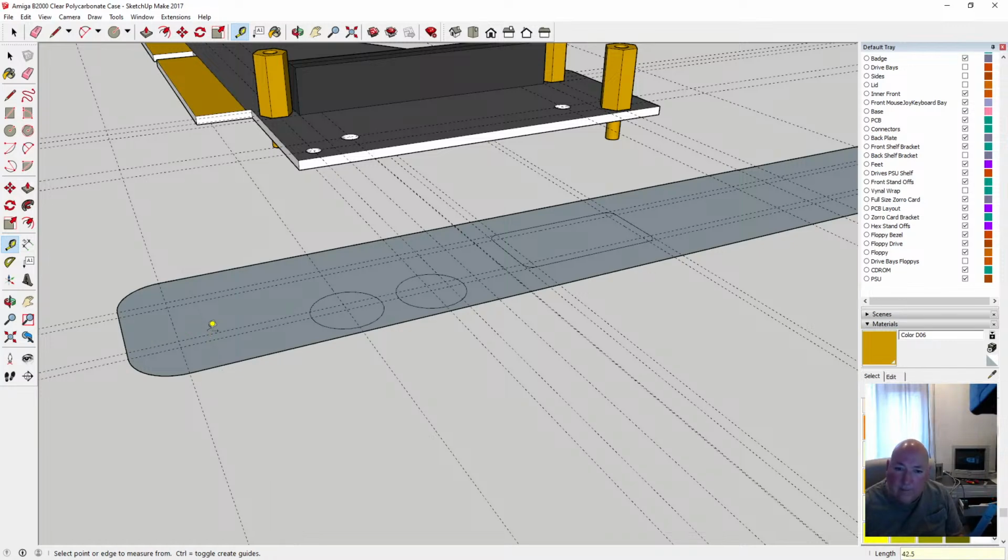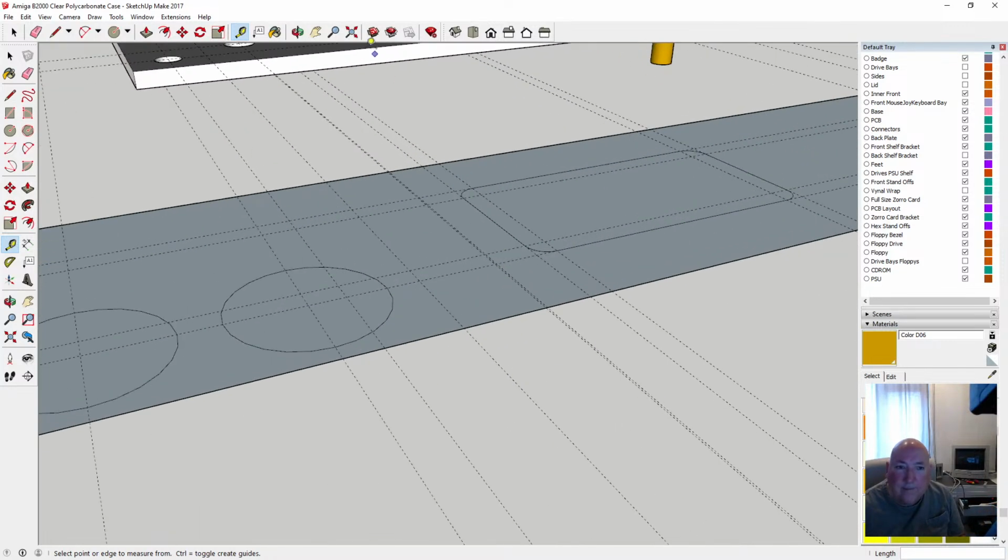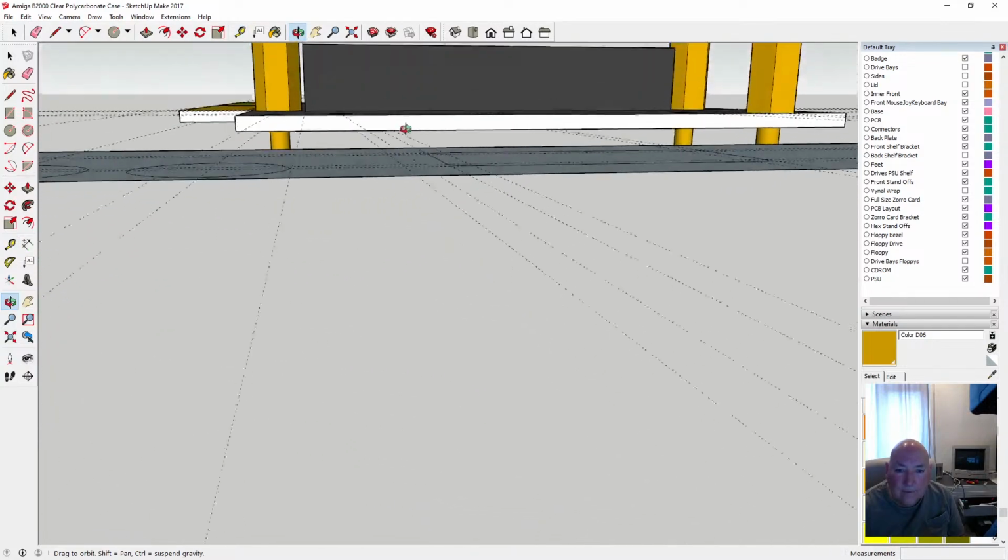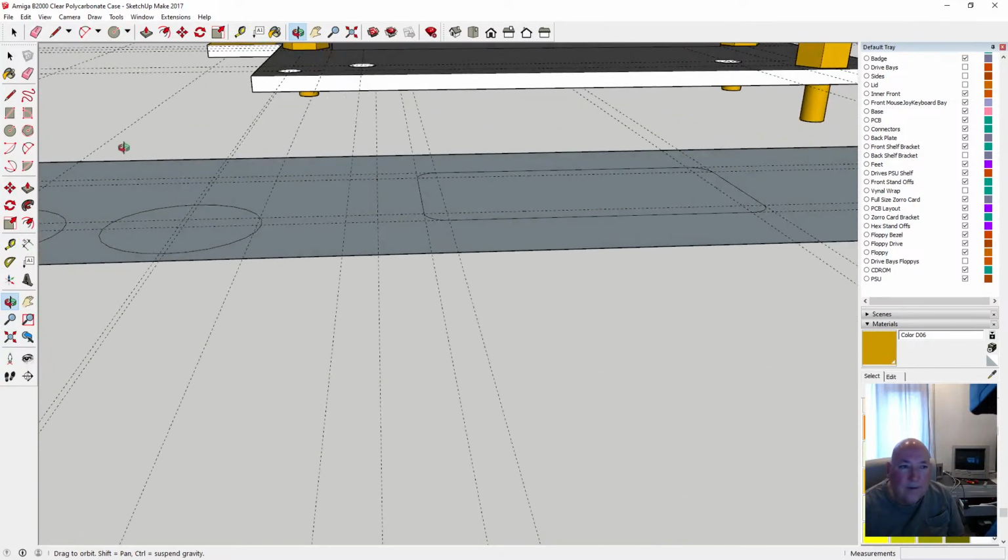Right, that's right on top of this one. So I've got another one at 42.5. And that intersects there, so does it? It actually does intersect it.